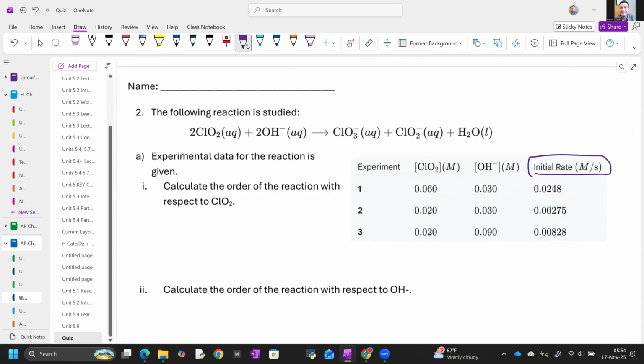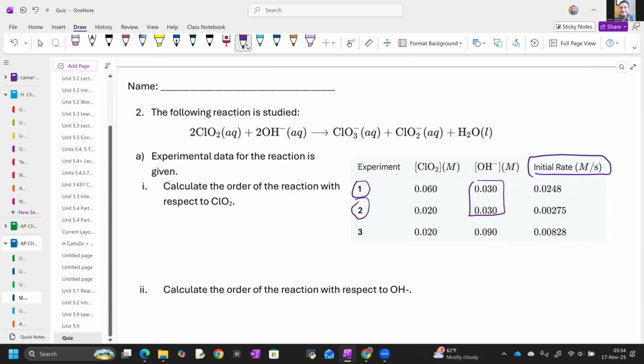So if we want to find the order with respect to ClO2, we have to look at experiments in which OH is not going to change. And so we see in experiments 1 and 2 that OH remains constant. However, ClO2 does change. And so that's what we're going to use then.